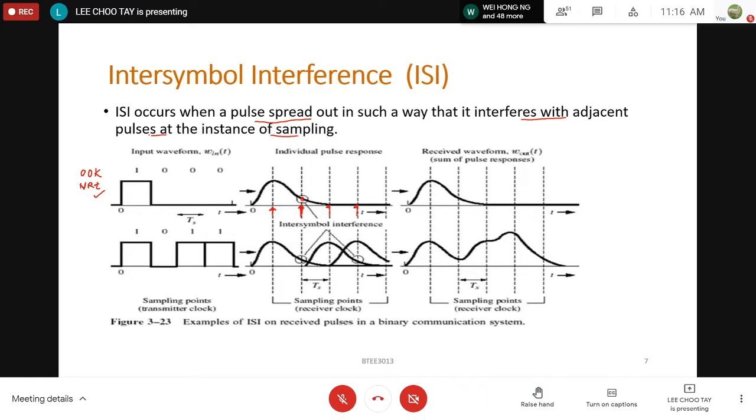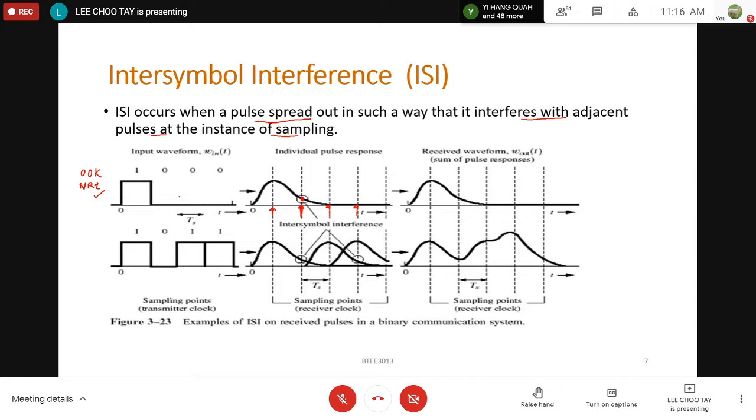So again, it depends on the decision-making process. Remember what we did in our experiment too. You need to set your threshold correctly. At this instant, if you set your threshold a bit too low, then the second sample may be wrongly interpreted as 1 instead of 0.